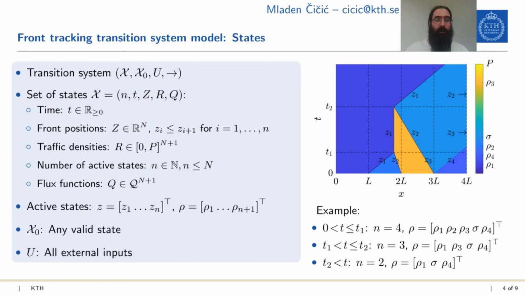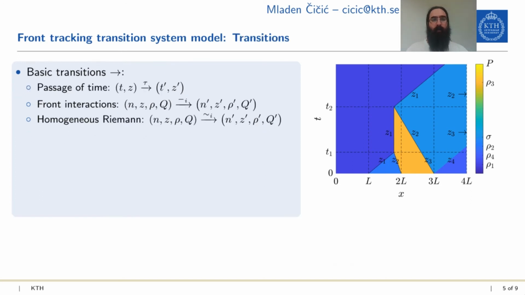Then the initial state can be any state that is valid, and all of the external inputs, which will be discussed soon, are taken as just inputs. The most complicated part of the model are its transitions. So if we are only interested in solving LWR, all we need are these 3 basic transitions.